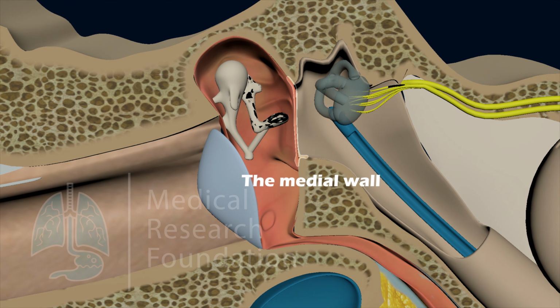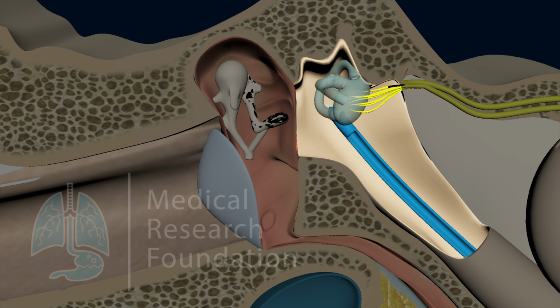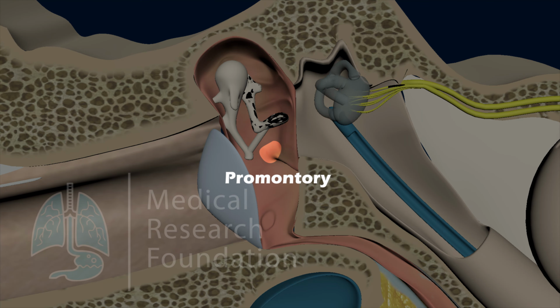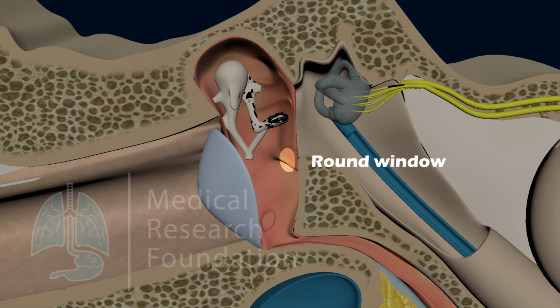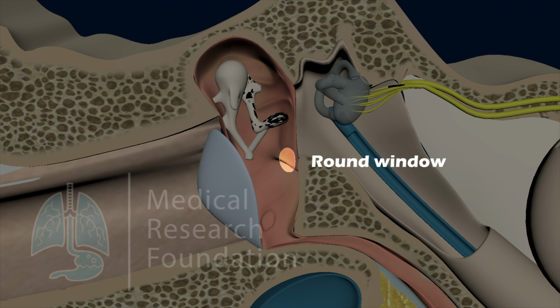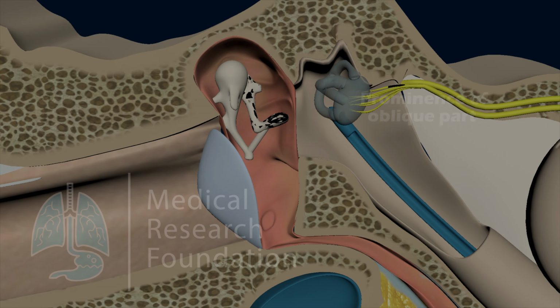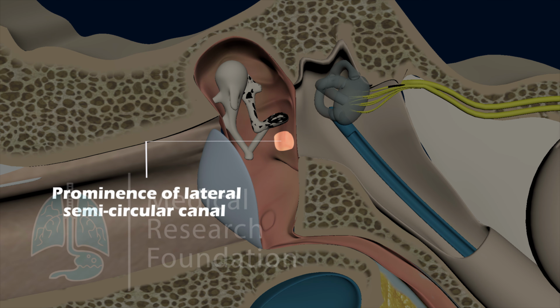The medial wall separates the tympanic cavity from the internal ear. The medial wall presents the following features: promontory, oval window, fenestra vestibuli, round window, fenestra cochleae, sinus tympani, the prominence of the oblique part of the facial canal, the prominence of the lateral semicircular canal of the internal ear.